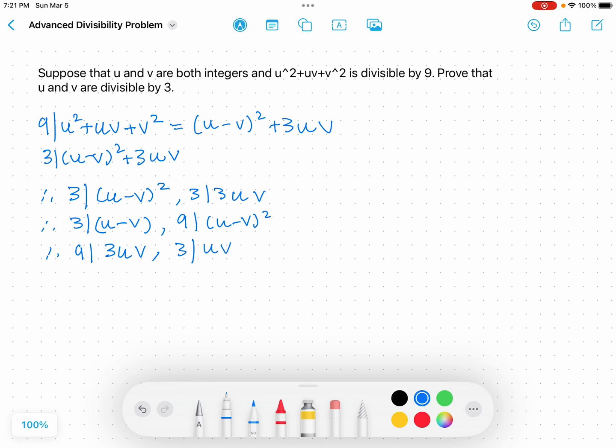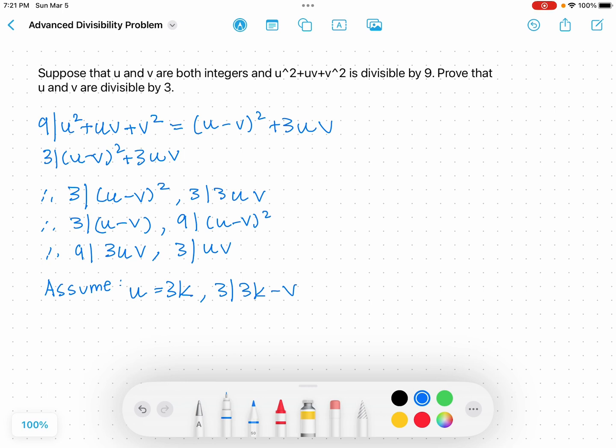And now, how do we proceed? We can assume that u equals 3k, where k is an integer. So then we can get that 3 is a factor of 3k minus v.